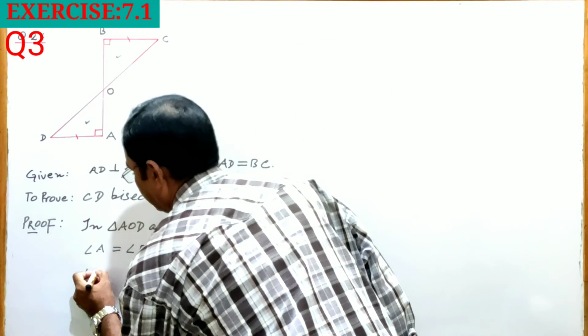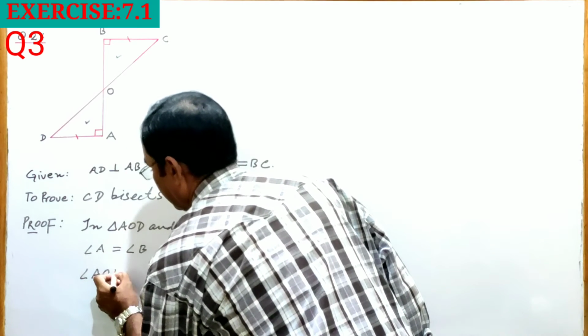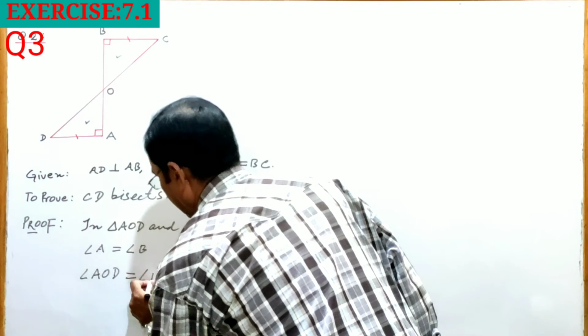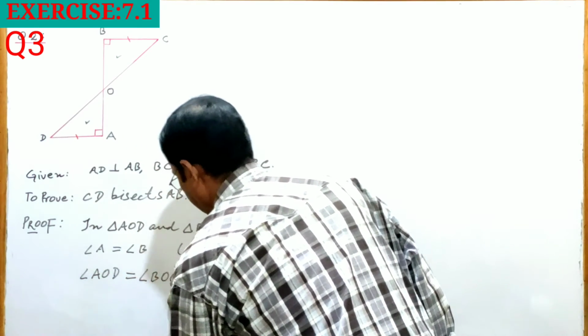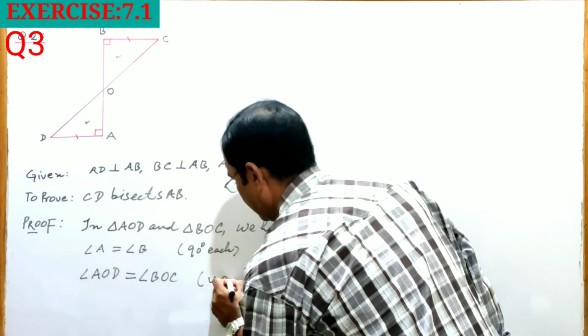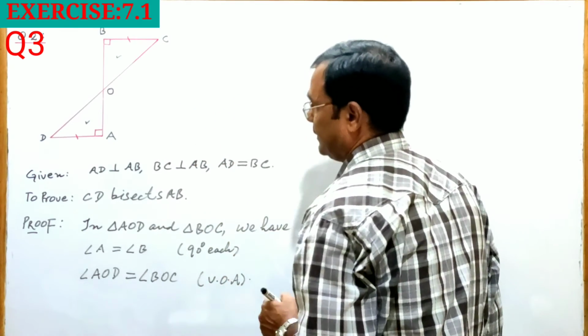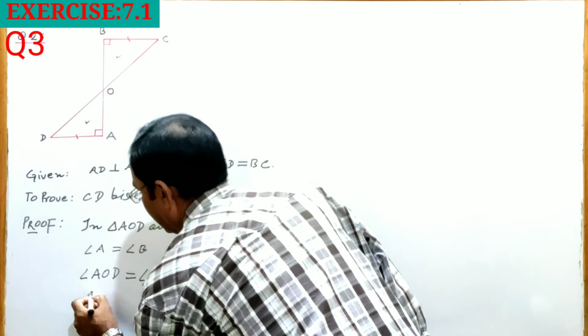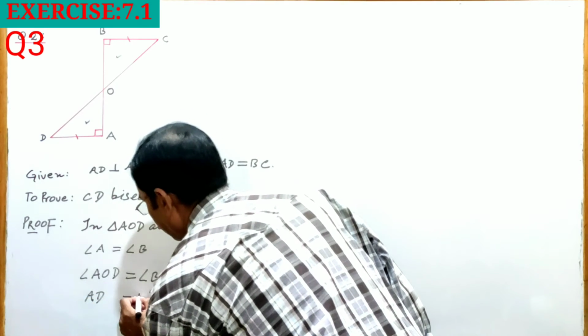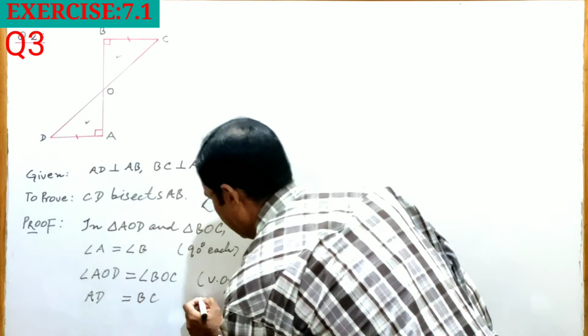Angle AOD is equal to angle BOC. They are vertically opposite angles. And AD is equal to BC, given.